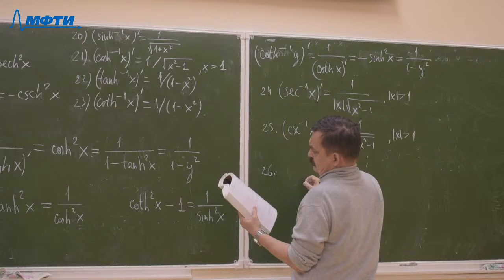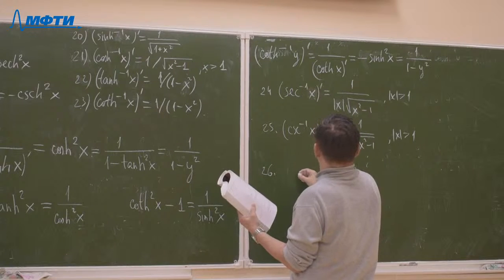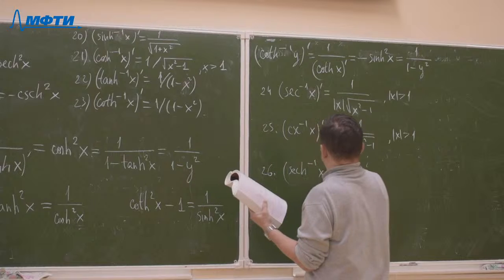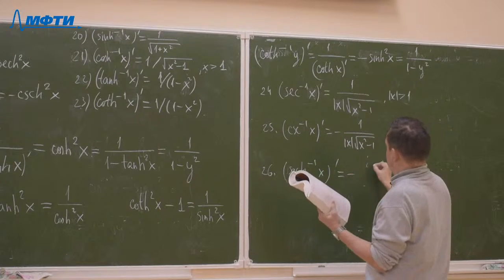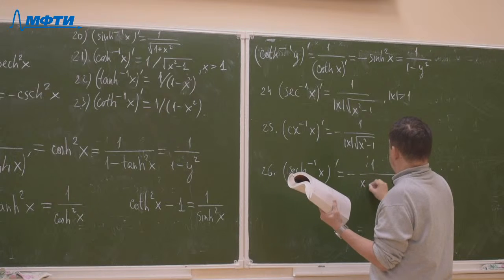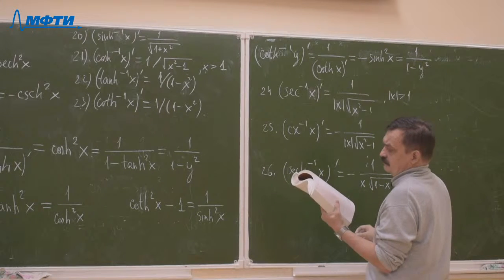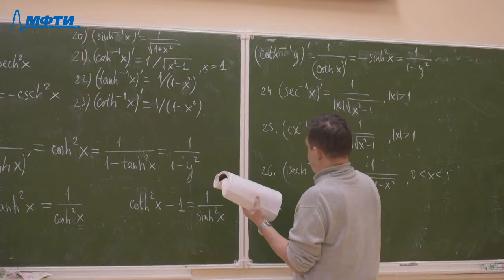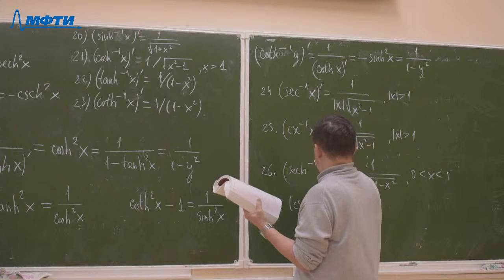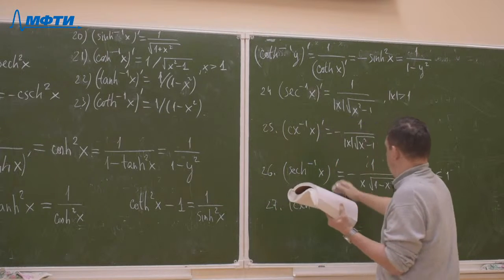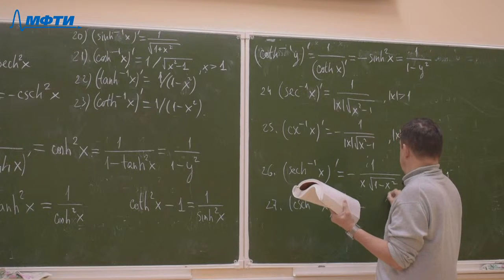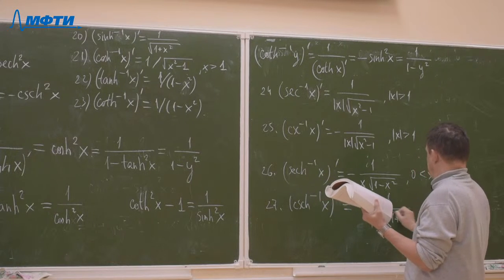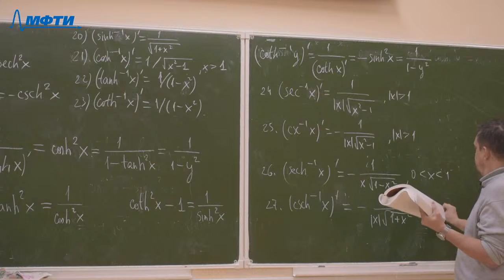26, hyperbolic, we wrote. Okay, so secant hyperbolic minus 1 is minus 1 over x square root of 1 minus x squared, here x from 0 to 1. 27: cosecant hyperbolic minus 1 is minus 1 over modulo x square root of 1 plus x squared, x not equal to 0.